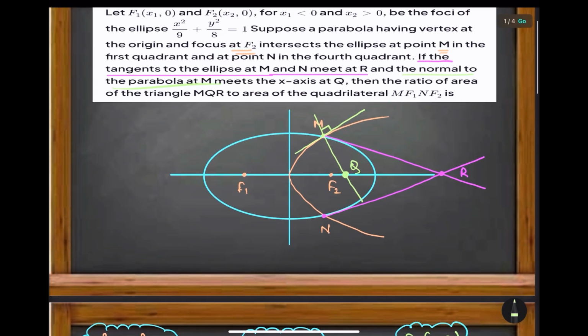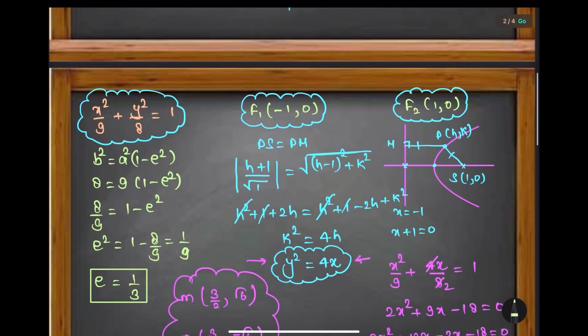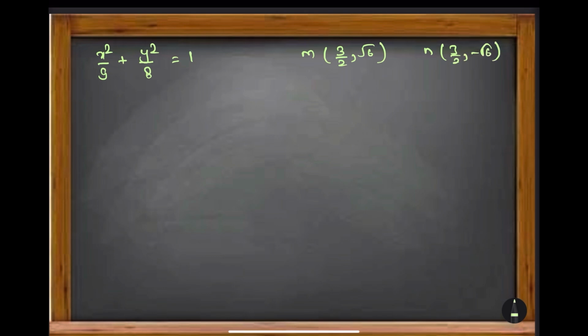Tangent at M and N on the ellipse. So you know that the equation of the ellipse is x square by 9 plus y square by 8 equals to 1. The point M is 3 by 2, root 6. N is 3 by 2, minus root 6. Correct? So you know that the equation of tangent is T equals to 0.